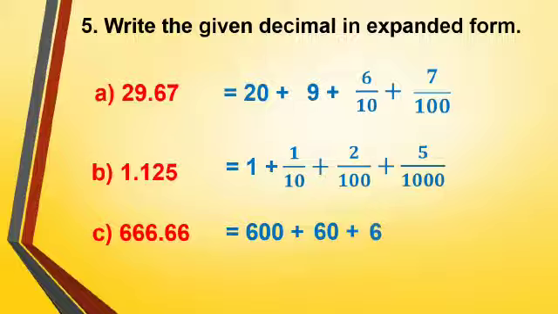After decimal, 6 is at tens place, so it is equal to 6 by 10. Again 6 is at hundreds place, so it is equal to 6 by 100. So the expanded form of 666.66 is equal to 600 plus 60 plus 6 plus 6 by 10 plus 6 by 100.